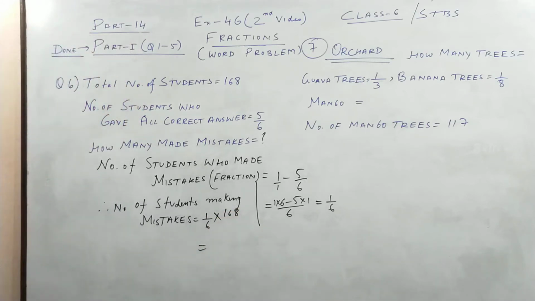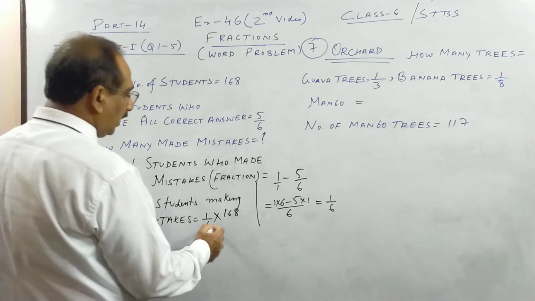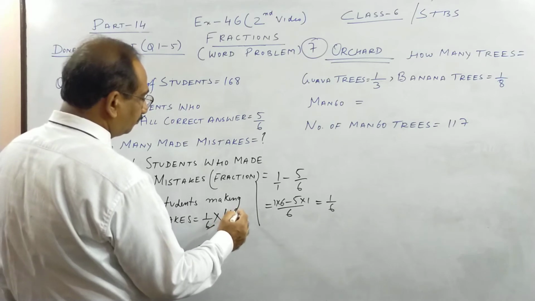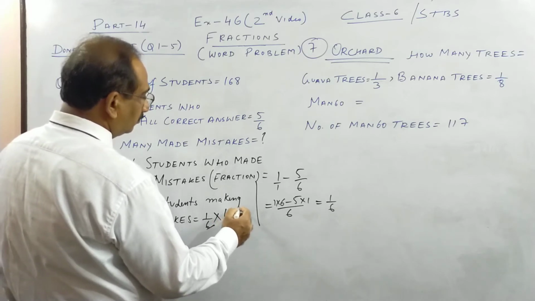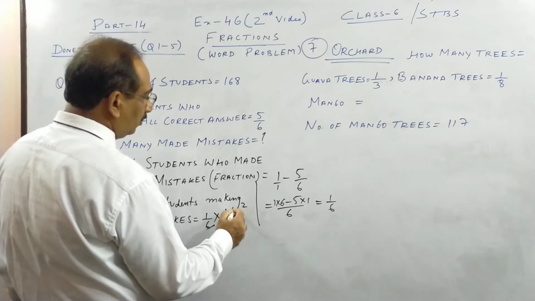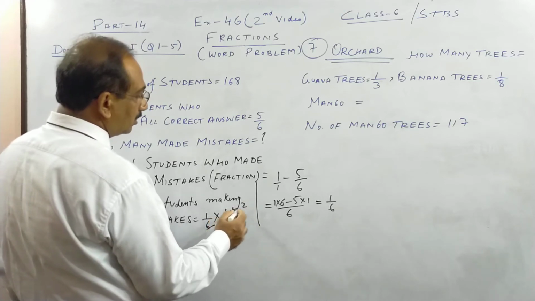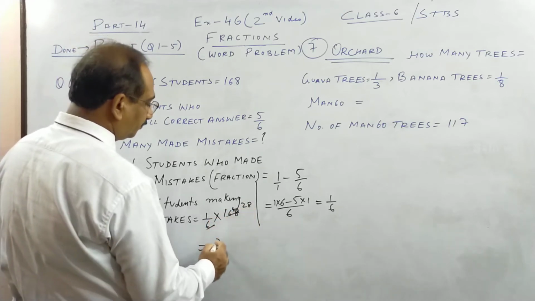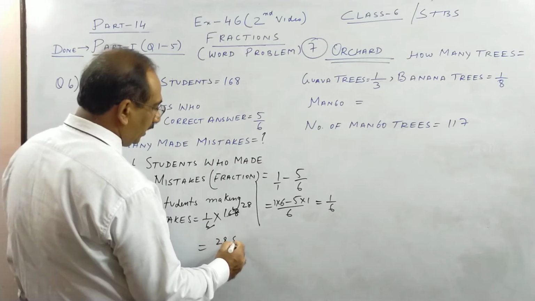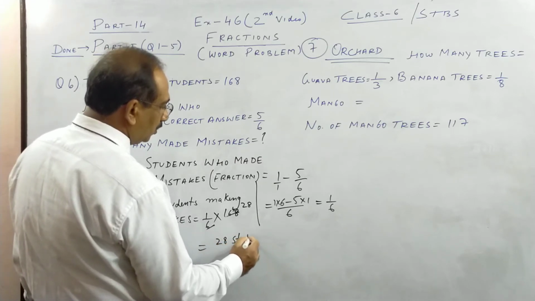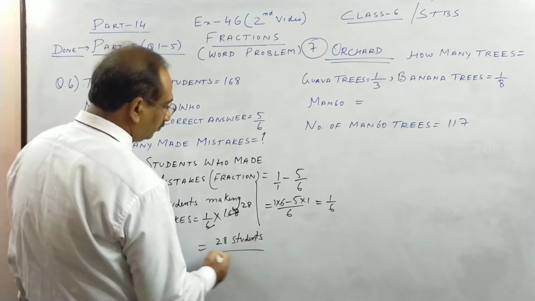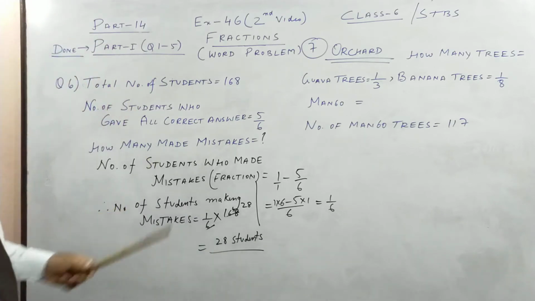So the total number of students who made mistakes: you cancel, 6 2s are 12, 6 4s are 24, 6 8s are 48. So 28 students made 1 or more mistakes.